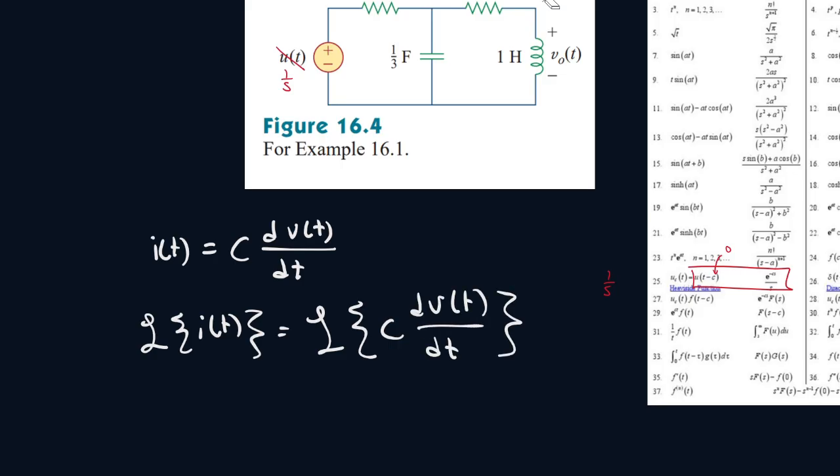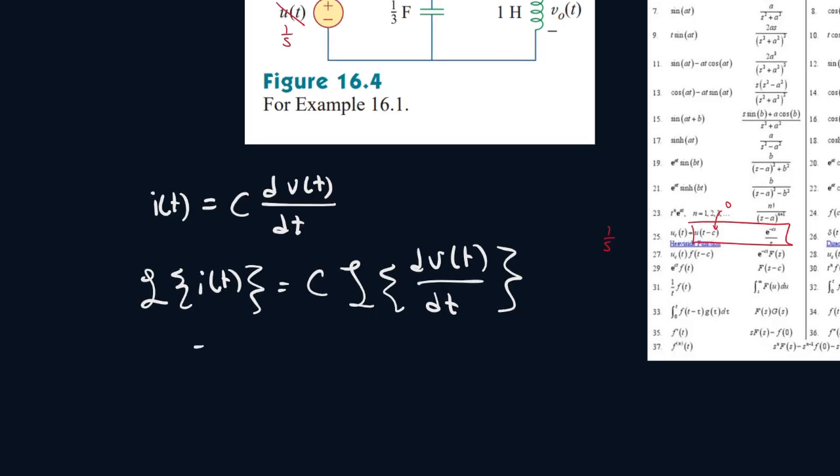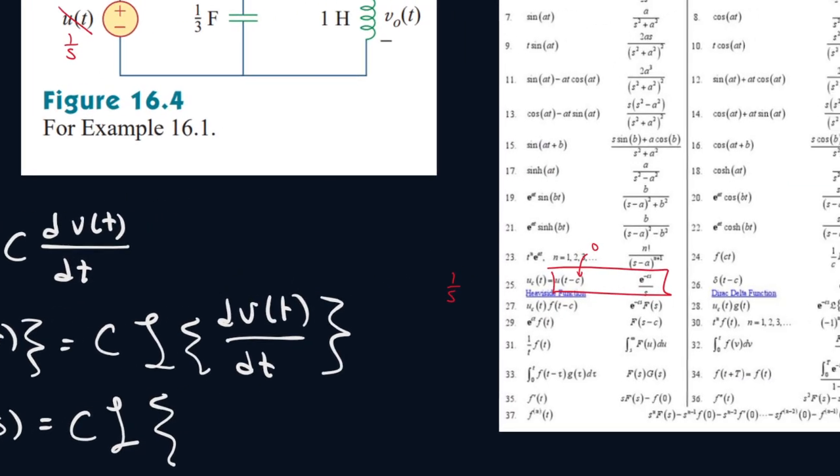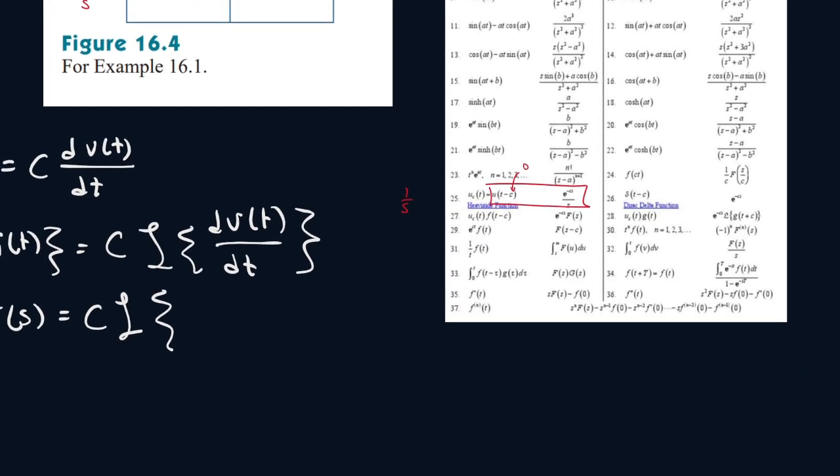Okay, so we're going to bring the C out, and the Laplace of i of t is just I of s. The Laplace for dv of t over dt, pretty much you have to remember, where is it? Here.